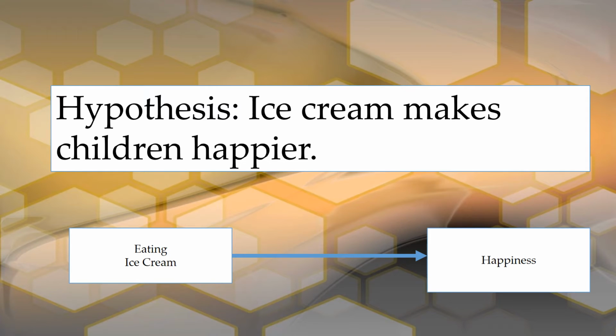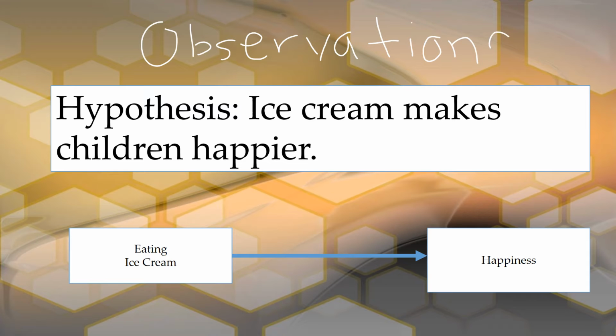So if we have an observational study, then we have these unique names for the variables in our hypothesis. We call eating ice cream the predictor. And that predicts our outcome variable, happiness.